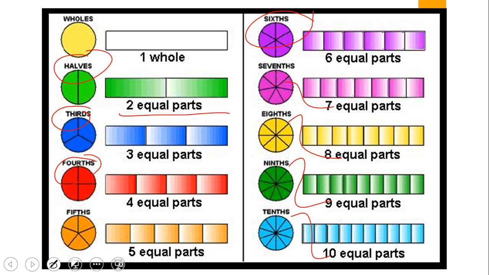So make sure that you know, for example, what a 6th is. So remember that it's when we have 6 equal parts. So it's how many parts the whole is cut into, all right? And they are our fancy fraction names.